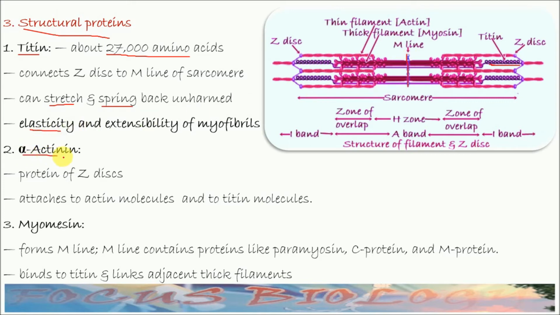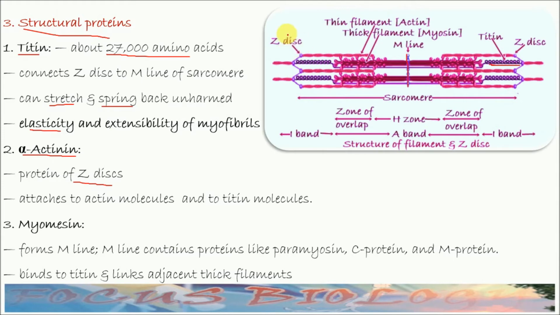Now alpha actinin, this is the protein of G discs. Here you can see this zigzag line, it is the G disc. It is made up of alpha actinin, desmin, vimentin proteins.